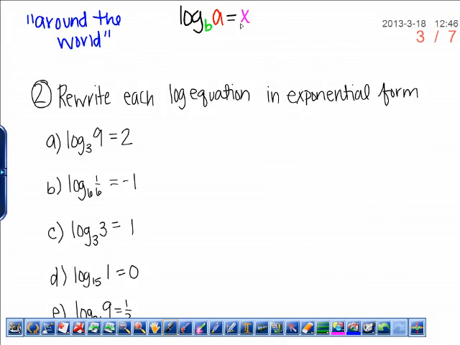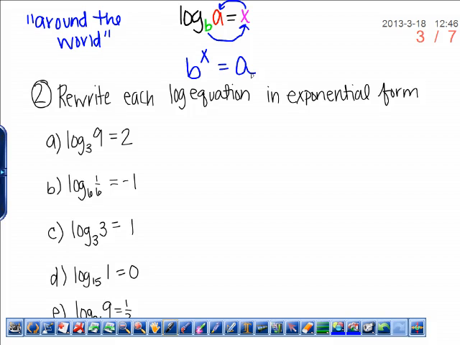Another way you can think of turning this into your exponential is to start from your b around to the x, so b to the x power equals a. Okay?